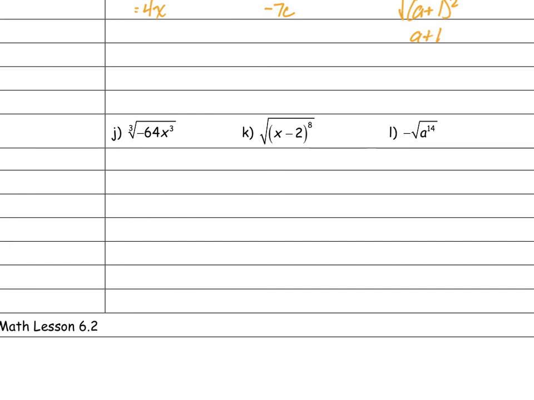It's got to be negative 64. Negative 4, there you go. And the cubed root of x cubed is? Negative 4x. Very good. And the square root of x minus 2 to the 8th power.